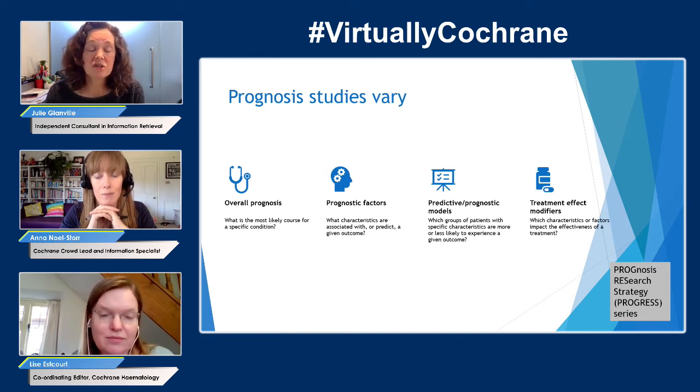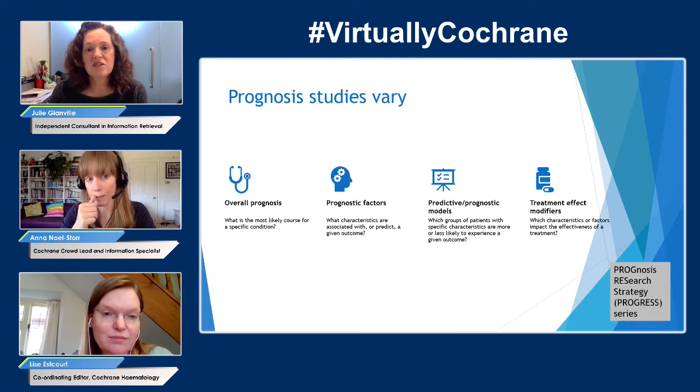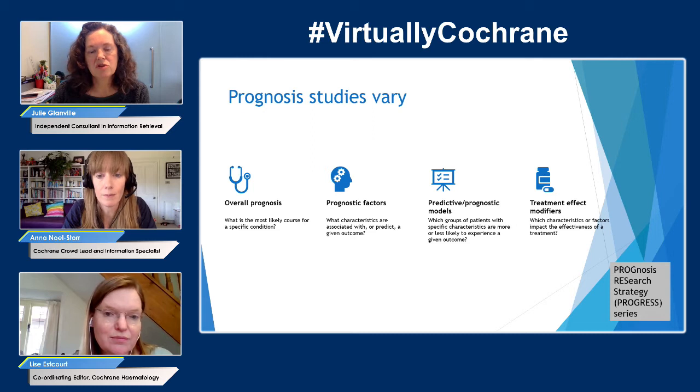For the searchers amongst you, it's particularly important because the structure of your search may vary, and the eligible study designs might vary. The four types of prognosis studies, very briefly, are overall prognosis, prognostic factors, predictive and prognostic models, and treatment effect modifiers.